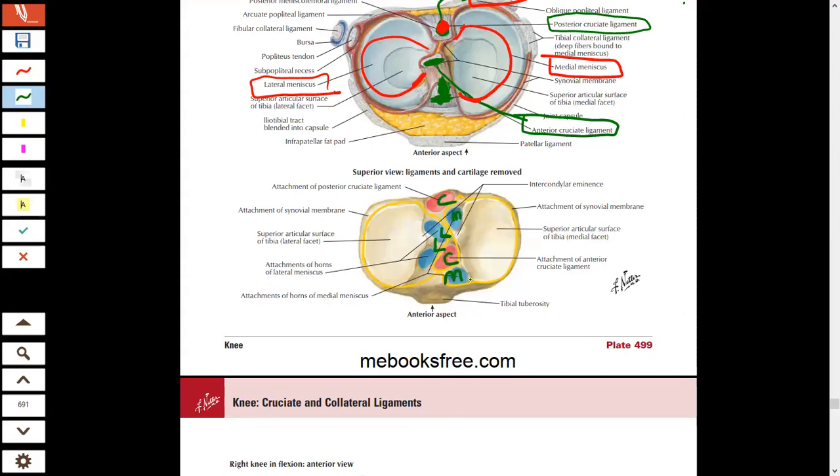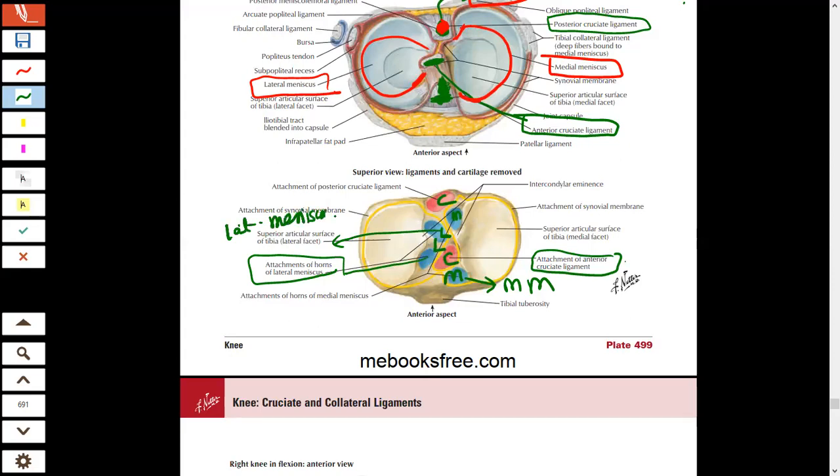So what is M in Medical College? It is the medial meniscus horn. Then C is your what? C is your anterior cruciate ligament. L is your horn of the lateral meniscus. Then again L is the horn of the lateral meniscus.